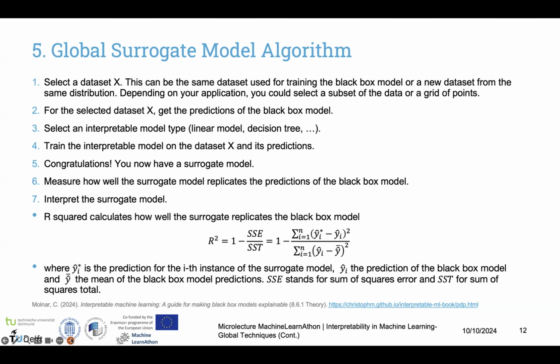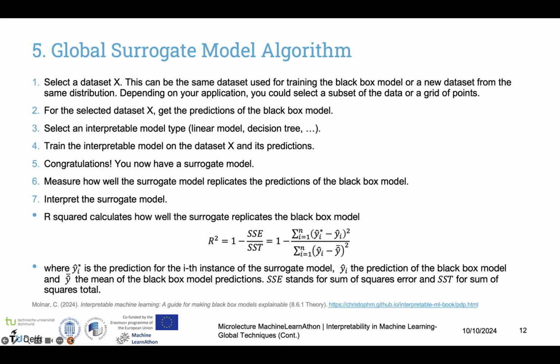Next, we use an interpretable model. It could be a linear model. It could be a shallow decision tree model. The next step is that we train this interpretable model on top of X and the predictions we got from the black box model. And then that's it. We are done. We have a surrogate model.